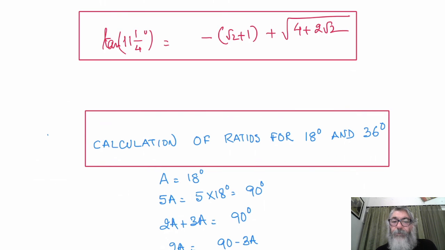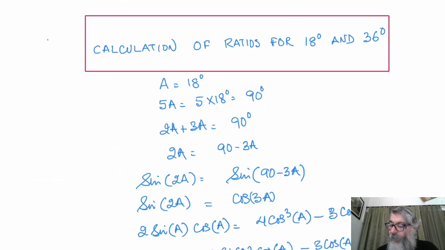We assumed A to be 18 and calculated 5A to be 90, and from that 2A plus 3A is equal to 90, and 2A will be 90 minus 3A. Then we started with sine. Sin 2A is equal to sin of 90 minus 3A, which became cos 3A. We know the formula for sin 2A and the formula for cos 3A.